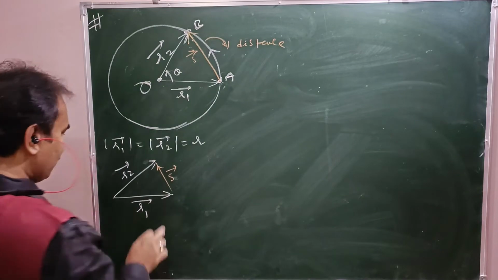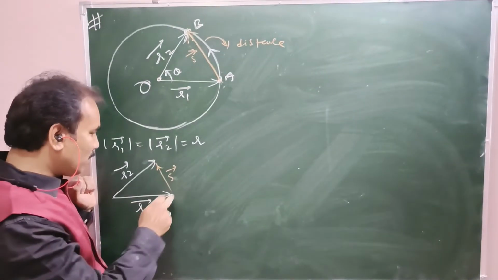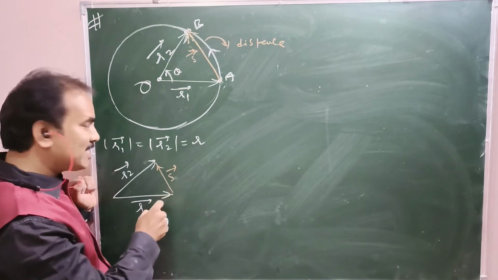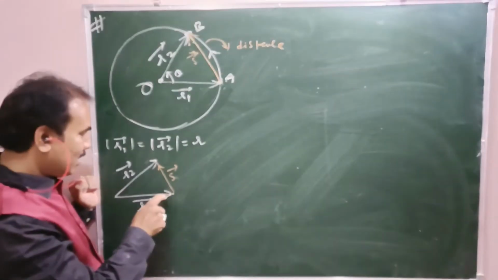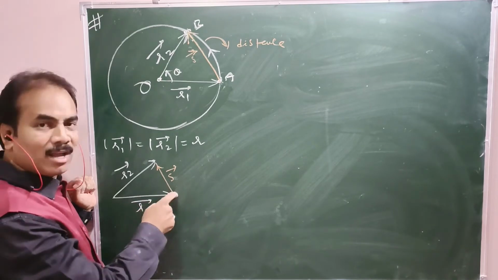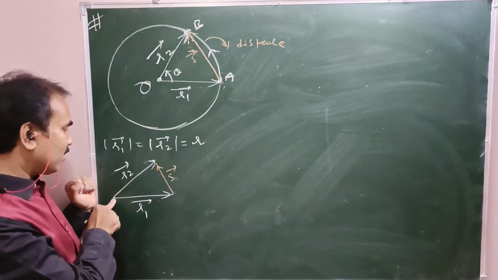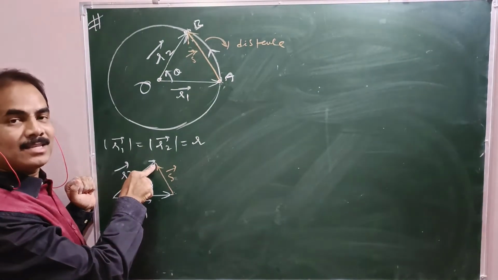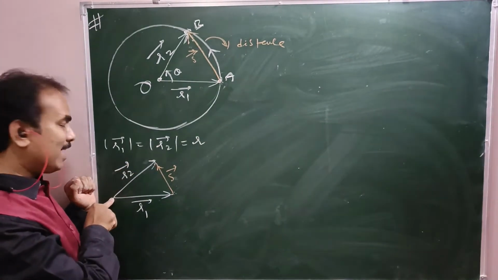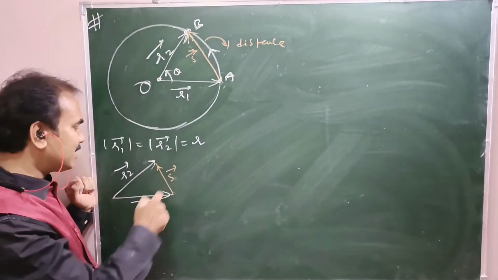The head of R1 bar joined with the tail of S bar means these two are taken as the adjacent sides of a triangle in the same order. Head and tails are joined here. Now this is the closing side taken in the reverse order, that is, tail of the first vector to the head of the second vector. Tail to tail joined, head to head joined, so this is out of order, while these are in the same order.